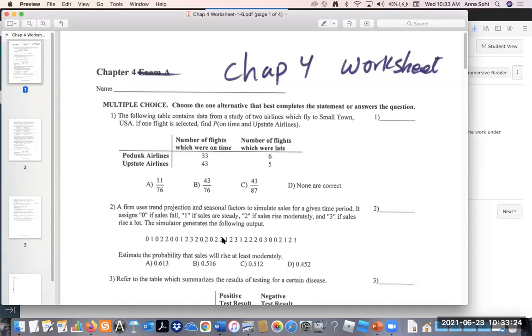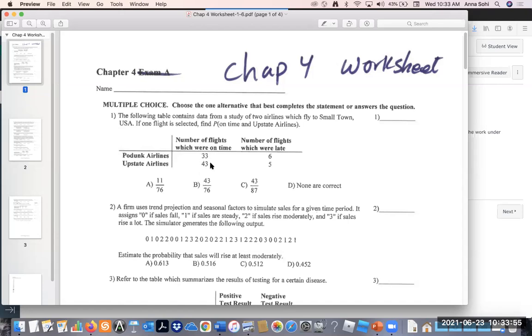It's not or, it's and. It says the following table, and it's sometimes easier to look at the table. Look at the table and then answer the question. If one flight is selected, what is the probability that it is on time and Upstate Airline at the same time? So Upstate Airline and on time.